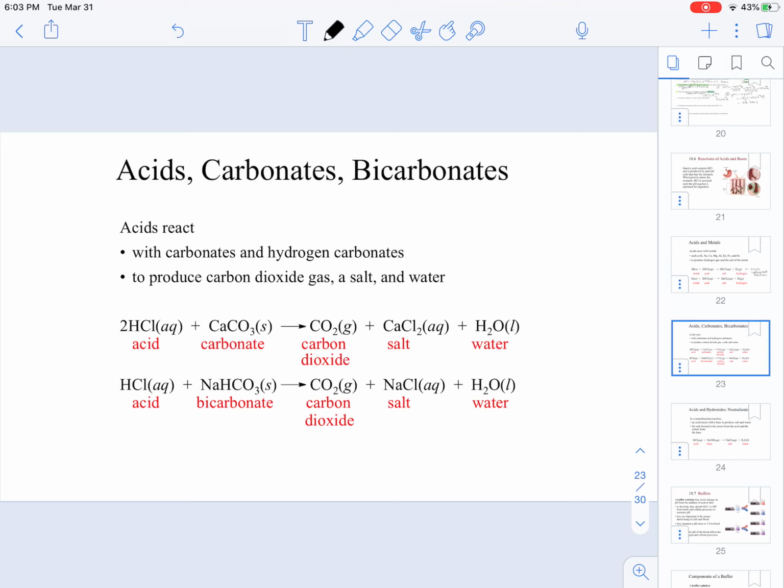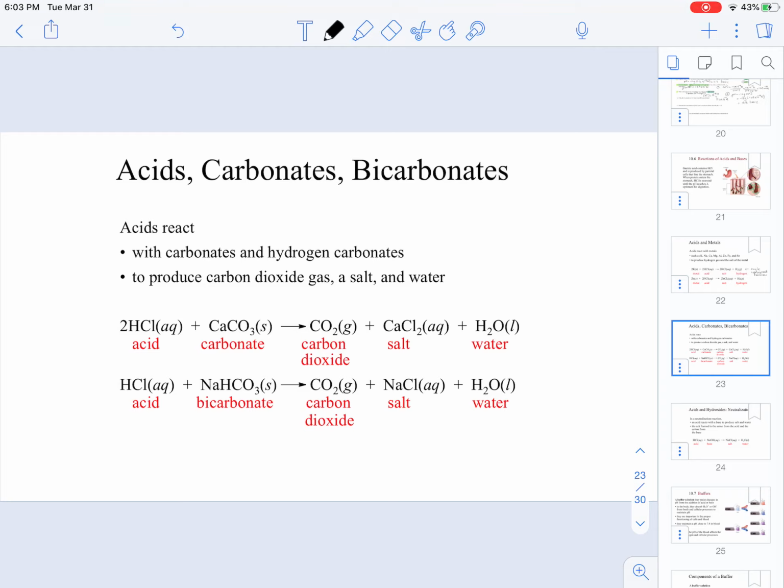Acids also react with carbonates and bicarbonates. In these systems, you're going to be producing carbon dioxide, salt, and water. As the bullet point says, when acid reacts with carbonates or hydrogen carbonates, we get carbon dioxide, salt, and water, but this reaction may not be too familiar to you.